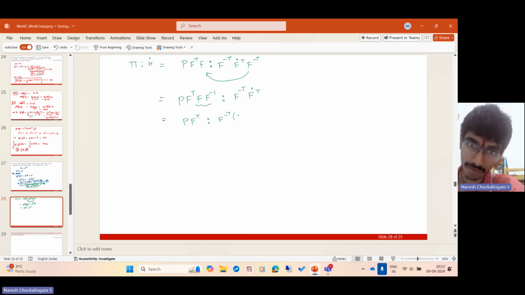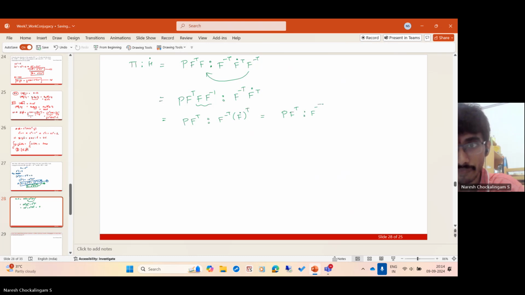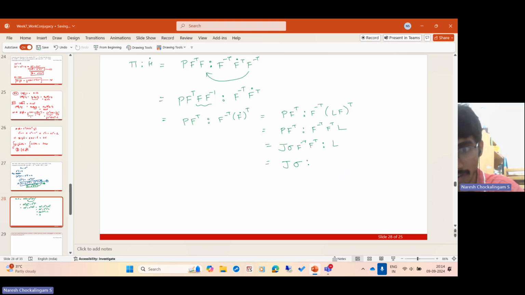F dot transpose is L F, the whole transpose. So you get P F transpose dotted with F inverse transpose F transpose L. P F transpose is J sigma F inverse transpose F transpose, double dot contracted with L. And this is J sigma contracted with L.